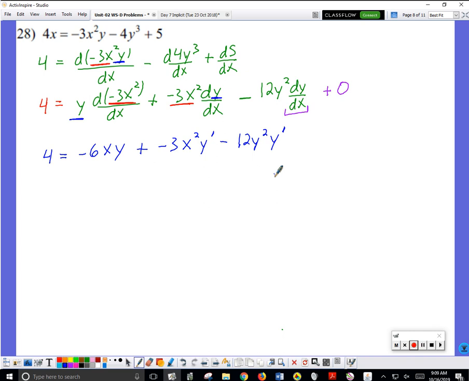Awesome. So, let's see now. We're going to move this over here. So we go 4 plus 6xy equals negative 3x squared y prime.